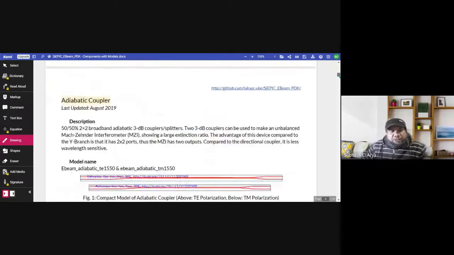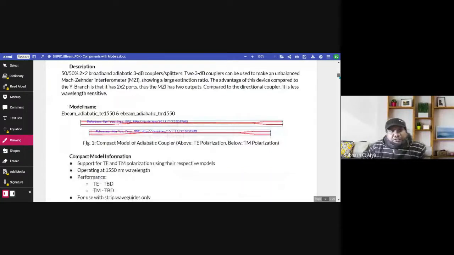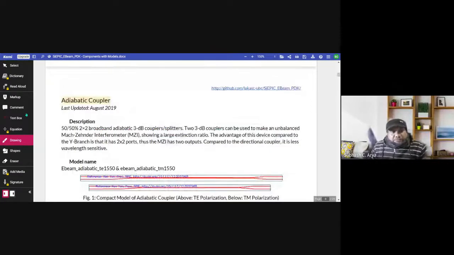So the first component here is called adiabatic coupler. It was last updated in August 2019. So what is this adiabatic coupler? An adiabatic coupler is nothing but a 50-50 device. There are two inputs and two outputs. Suppose one input light is there, say 1 milliwatt.